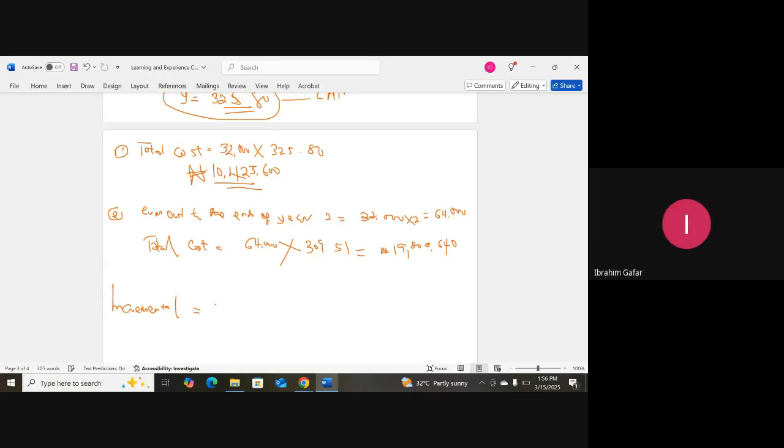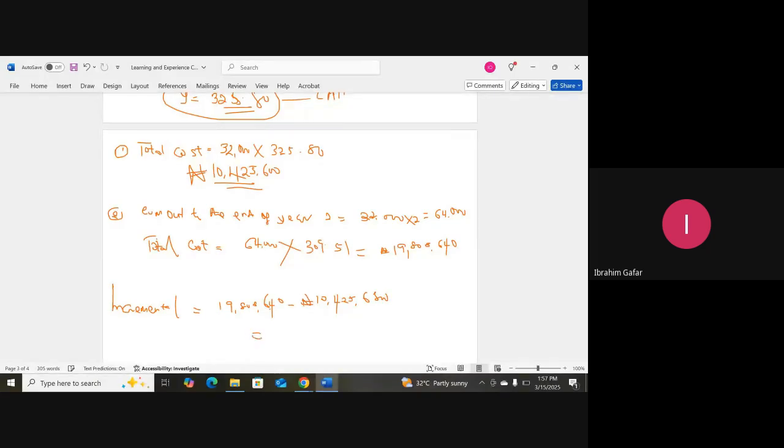Incremental will now be this year 2, which is 19,808,640, minus the 10,425,600.